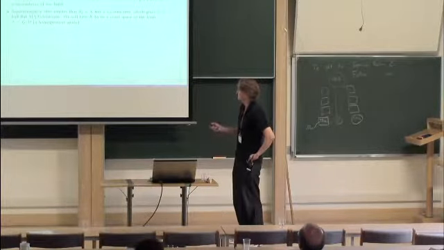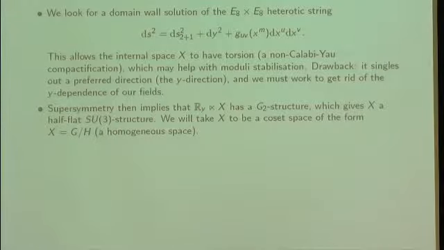Supersymmetry will imply that this semi-direct product R_y times the internal space is basically a G2 cone, so it has a G2 structure, and this in turn gives X the structure of a half-flat SU(3) structure. As Michael said, we're taking X to be a homogeneous space, that is, a Lie group modded out by a sub-Lie group.